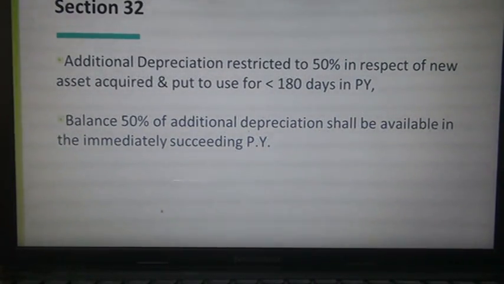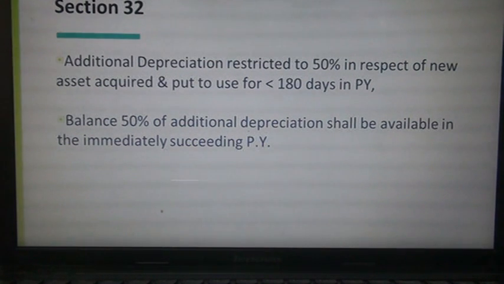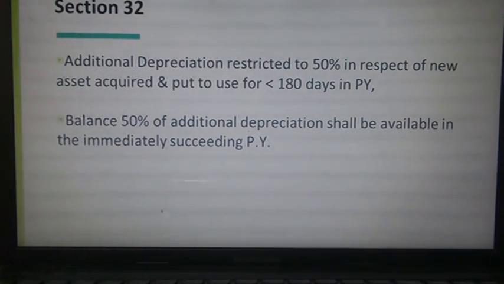As students, we also know that the logic of normal depreciation is followed by additional depreciation. Or so as to say, the computational norms for normal depreciation apply in toto to additional depreciation. So given a scenario wherein I had purchased an asset and put to use the same for a period of less than 180 days, the rule for normal computation of depreciation mentioned that my depreciation allowance would be restricted to half of what would otherwise be allowed.